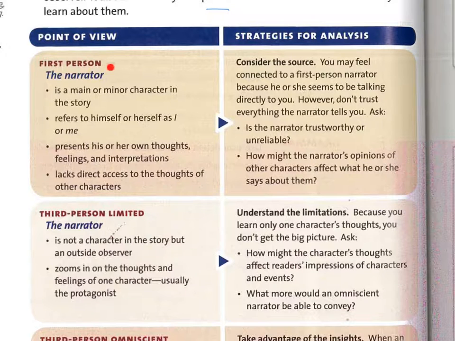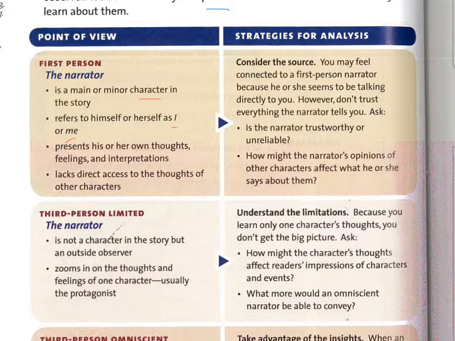So the first person point of view. The narrator is a main or a minor character in the story. So the narrator is a character in the story. Okay? The narrator refers to himself or herself as I, me. You'll hear I, me, my, ours, us, we.